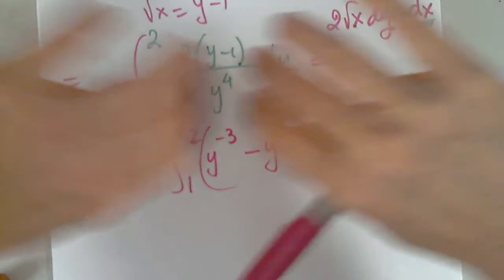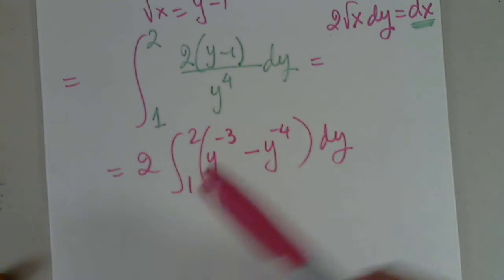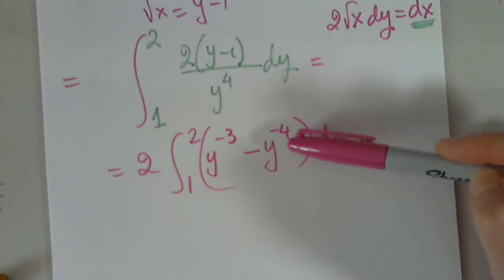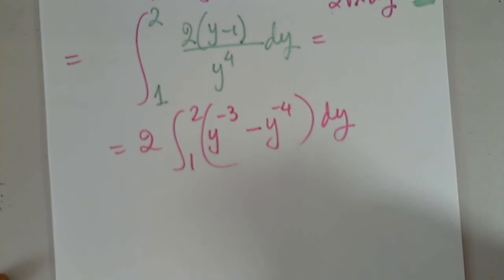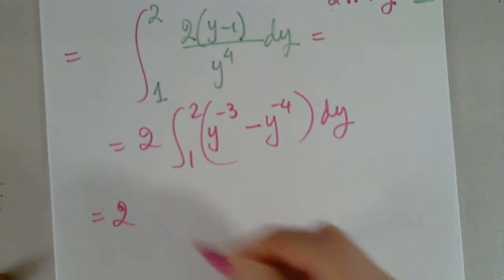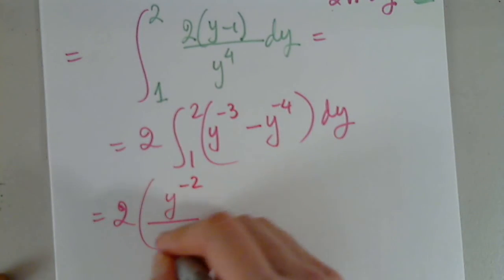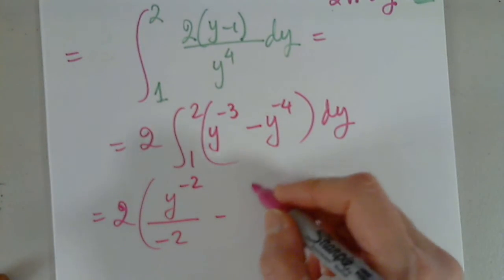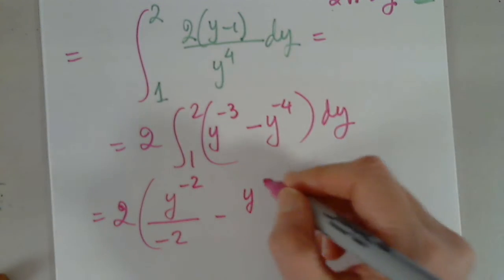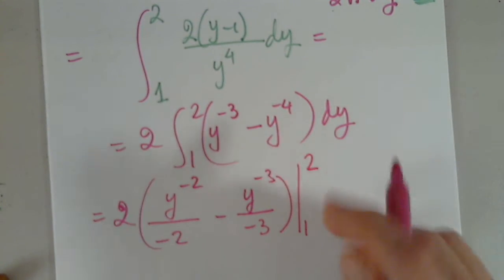So I separated into 2 fractions, and I got y over y to the 4th, which is 1 over y to the 3rd, and then 1 over y to the 4th, which is y to negative 4. It's easier to integrate to find the antiderivative. So y to negative 3 plus 1 over that number minus y to negative 4 plus 1 divided by that number from 1 to 2.